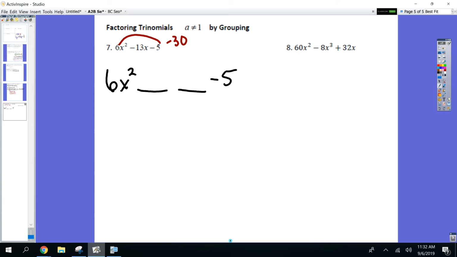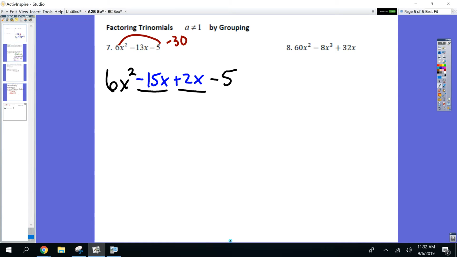8. Ready? Hi. Oh, you're 10? Never mind, Art. Sorry. 8. Hi. Would it be negative 15x and plus 2x?